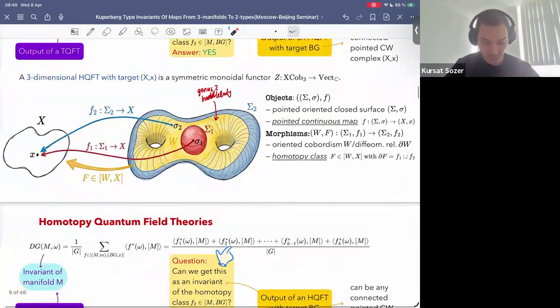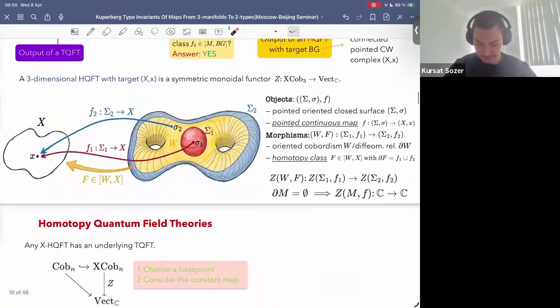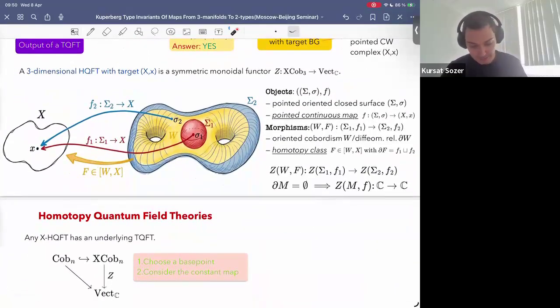So this is one observation one can make: this category is way larger than the cobordism category. We just add these pointed continuous maps on the boundaries and homotopy classes for the three-dimensional cobordisms extending these maps.